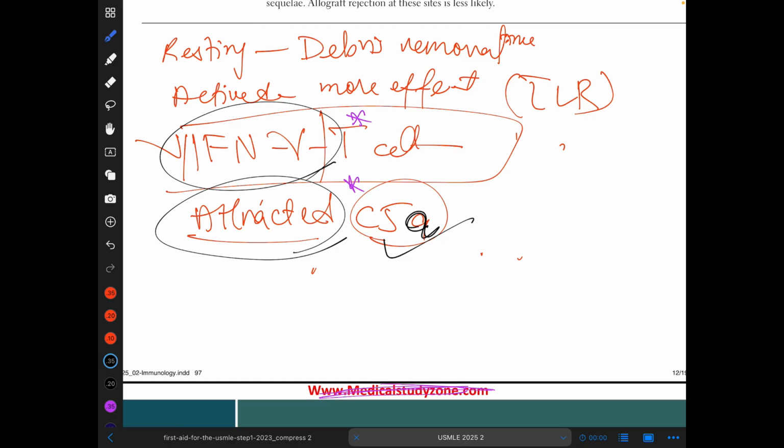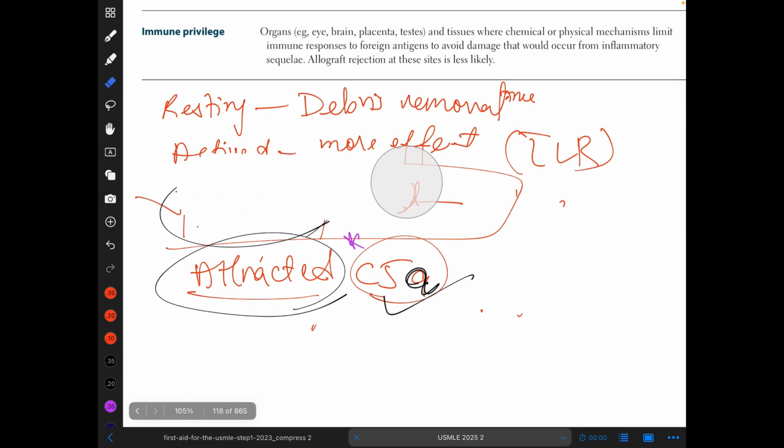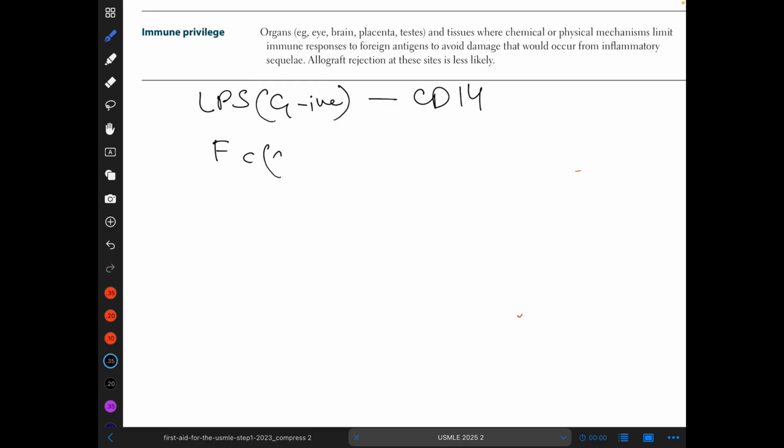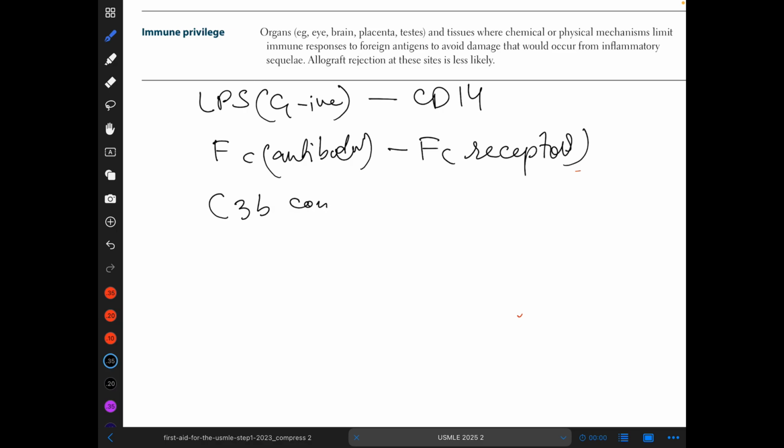We have different surface markers and signals. For the key surface receptors on macrophages: if there is LPS, lipopolysaccharide from gram-negative bacteria, it attaches to CD14. If there are Fc antibodies, they attach to Fc receptors. If there is C3b complement, it attaches to the C3b receptor.